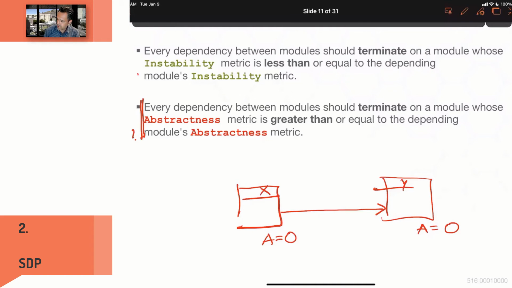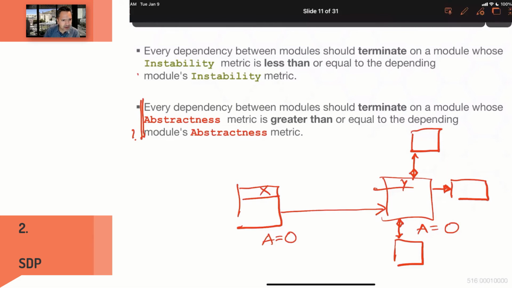I can try to use the other one, and let's think about it. I am going to be using this class. And you know what? This class is using another one, and this class is using another one, and this class is using another one. Using, you can think about inheritance or diamonds, a lot of diamonds here, whatever, using.